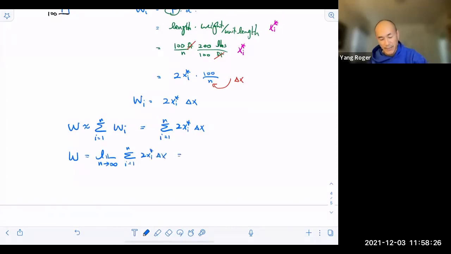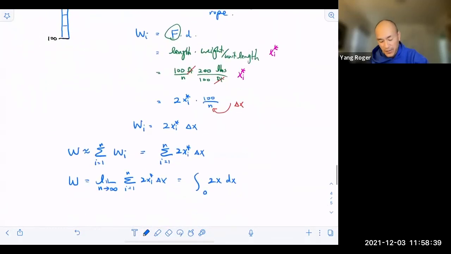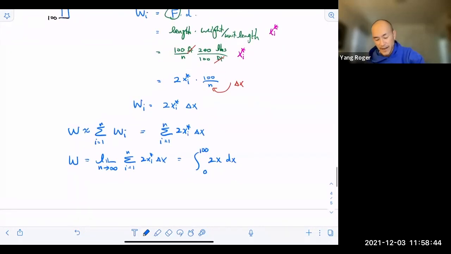I hope you recognize that we can express that as an integral. It's going to be 2x dx, and we're letting the x values range from 0 to 100. So I just find the antiderivative, that's going to be x squared.